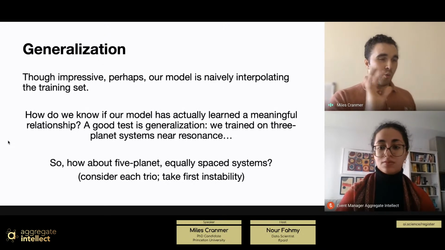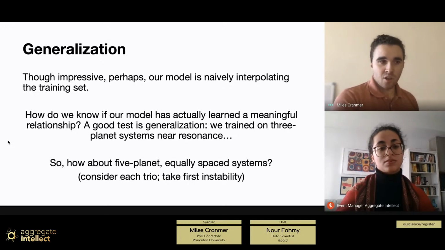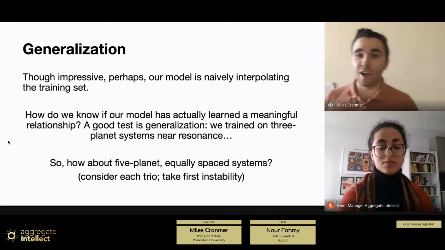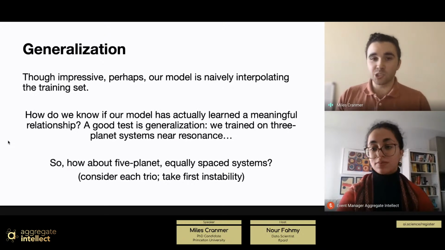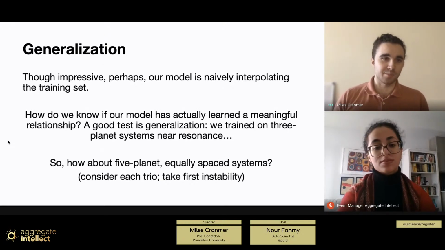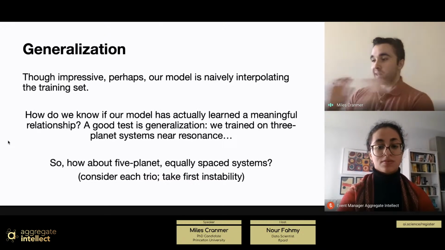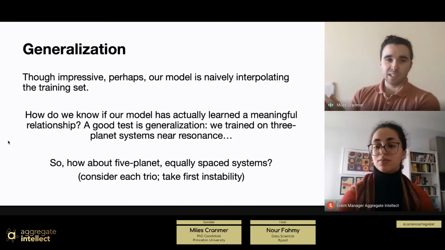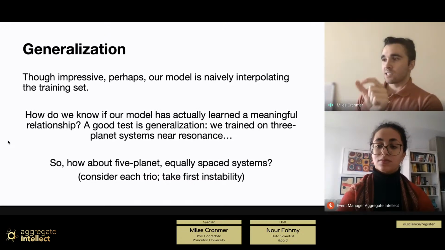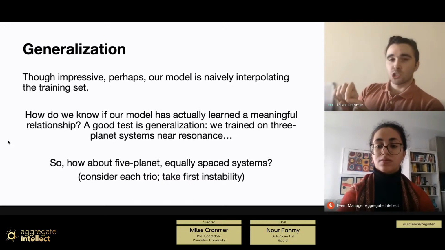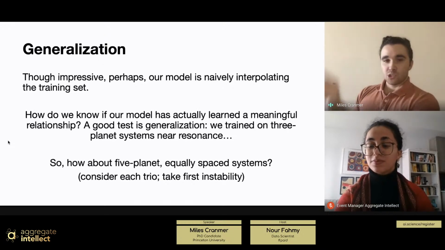We trained on 3 planet systems. I think a good test is 5 planet systems, which is a completely different problem. We don't even train on 4 planet systems. We only train on 3 planet systems. To apply our model to 5 planet systems, we cut up the 5 planet system into trios.